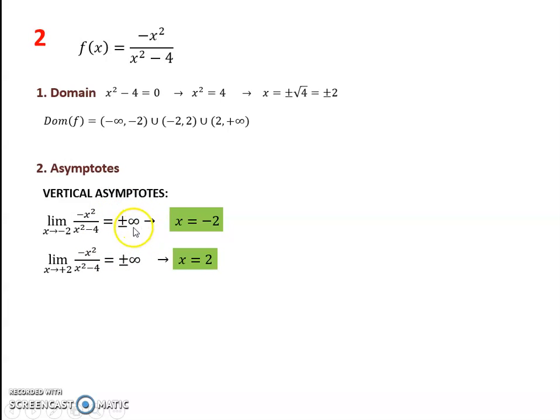If instead of plus minus infinity we had numbers here, we wouldn't have any vertical asymptote, but that's not the case. They're both plus minus infinity, so x equal minus 2 is the equation of one vertical asymptote, x equal 2 is the equation of the second vertical asymptote.